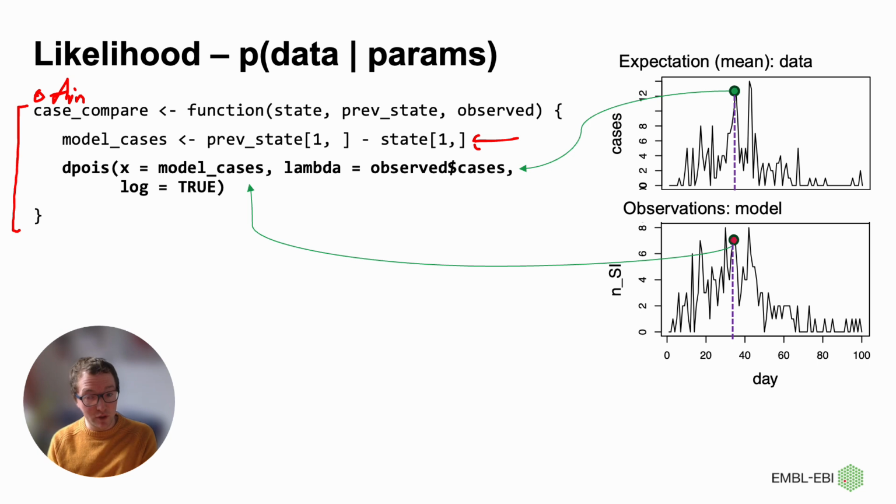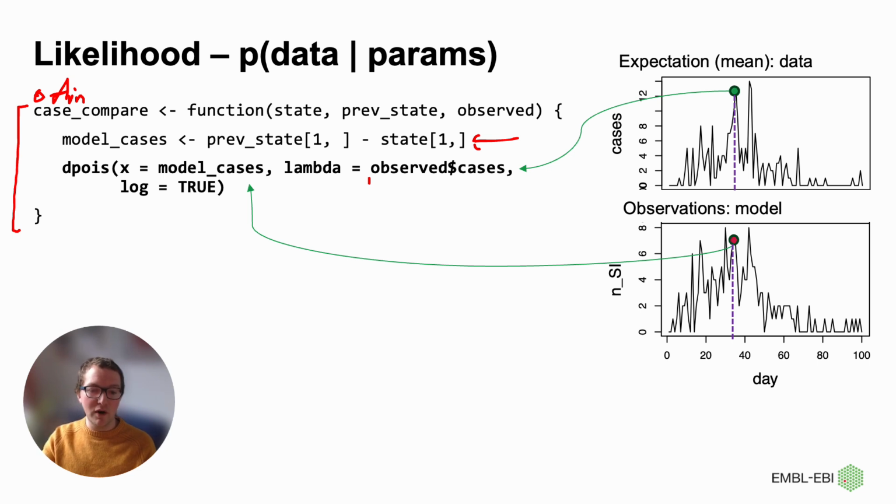That gives me the number of new cases. And then I can look at how many cases were actually observed in my data series. The expected number of cases from the model gives me a lambda in a Poisson distribution.